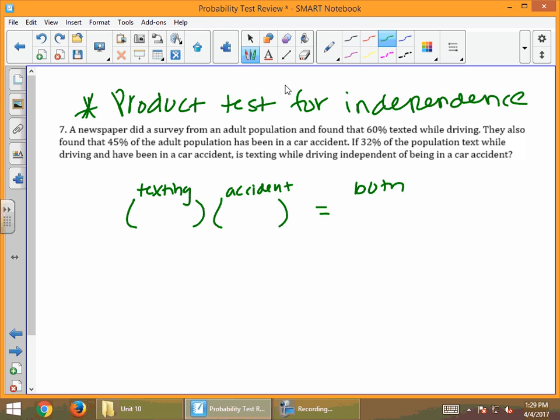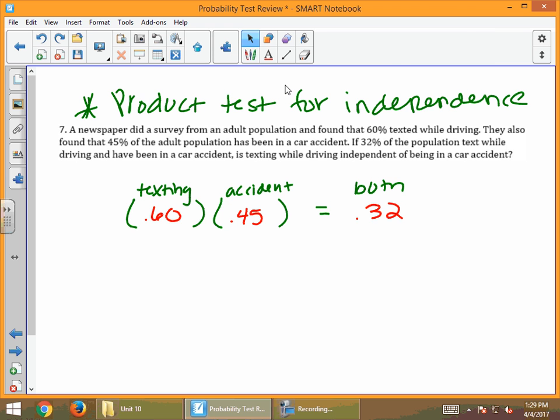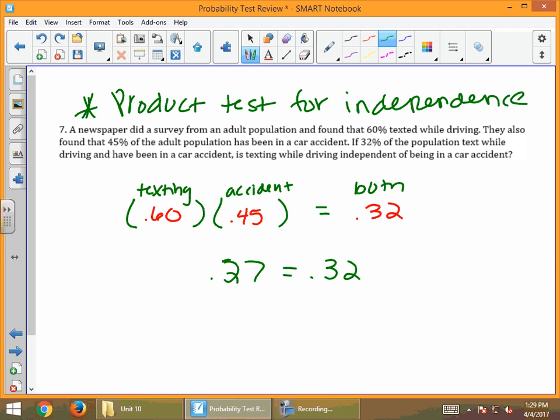Well, what was the probability of someone that was just texting? 0.60. Good. Make sure you change your percentages to decimals. What's the probability of just being in a car accident? 0.45. And what's the probability of both texting and being in a car accident? 0.32. Well, multiply these two together. What are we going to do? 0.60 times 0.45 is 0.27. Does 0.27 equal 0.32? Nope.